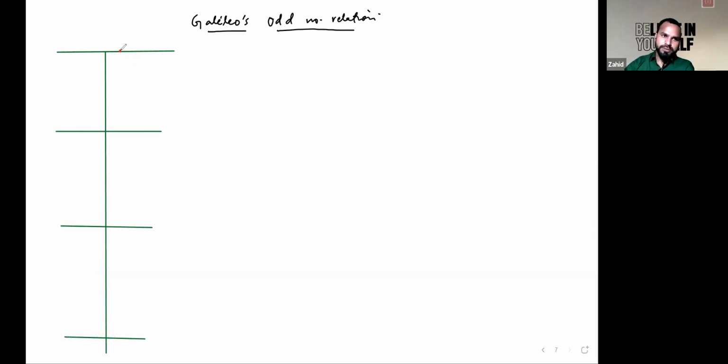I have assumed the body is dropped, so its initial velocity at this point would be 0. We have to calculate the height covered by the body for equal time gaps.